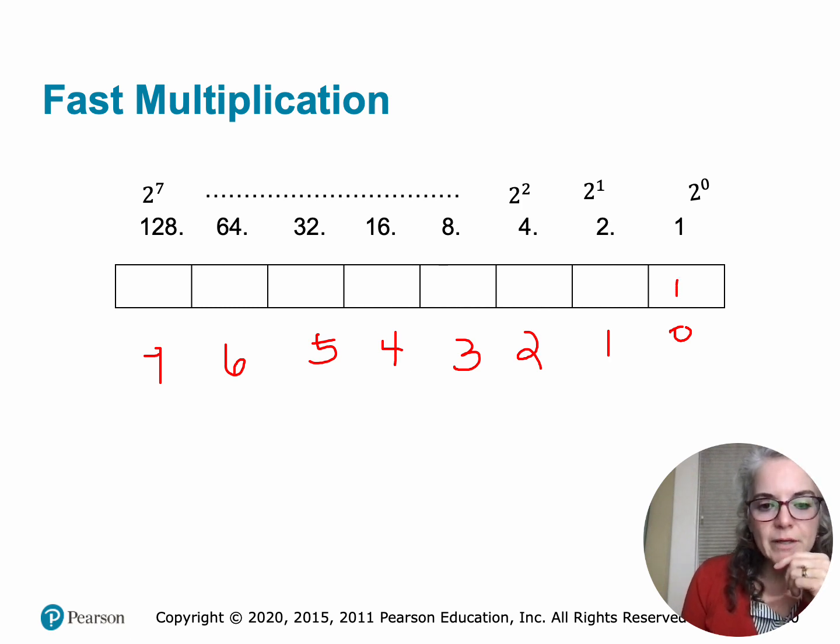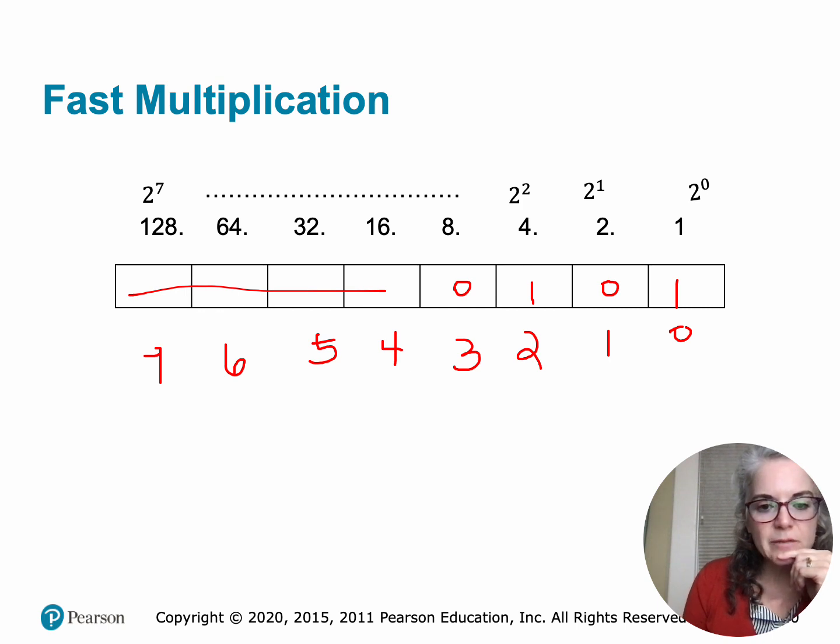So let's say that I have a 1 here and a 1 here, and the rest are zeros. So this position is worth 1, this position is worth 2, this one's worth 4, 8, 16, 32, 64, 128.